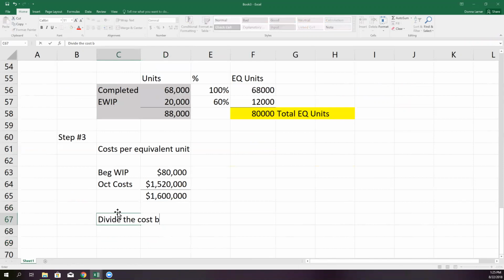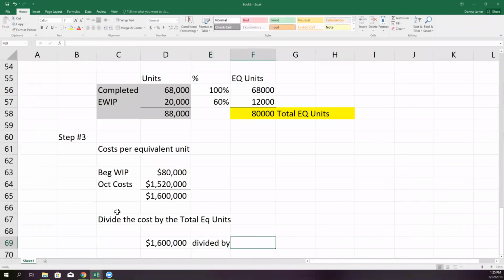Divide the cost by the total equivalent units. So 1,600,000 divided by 80,000 equivalent units.